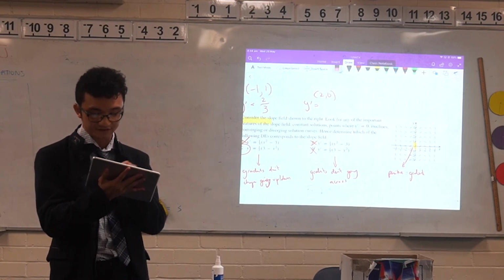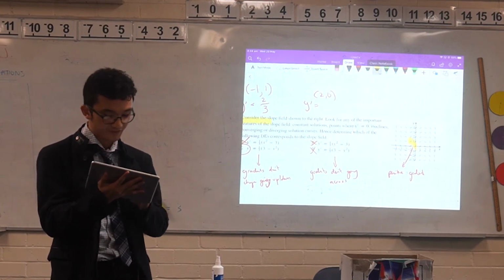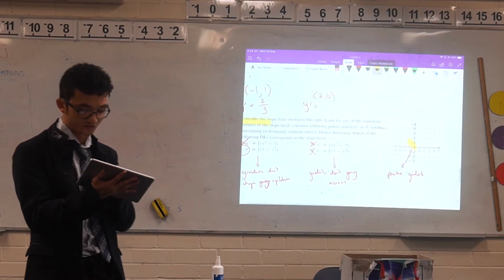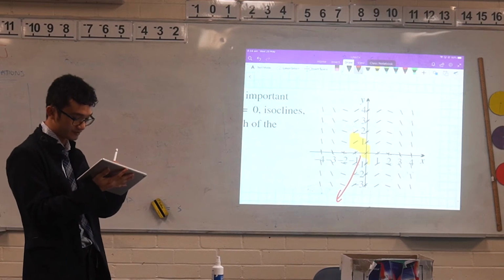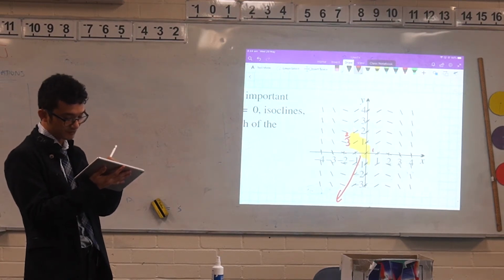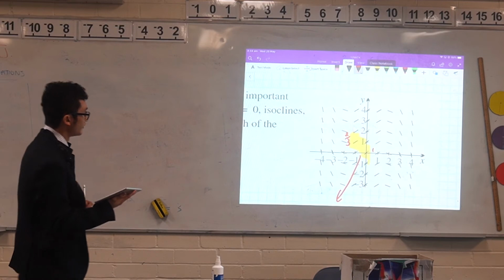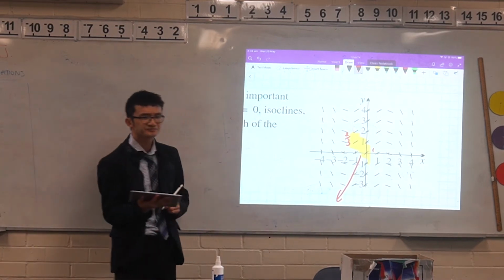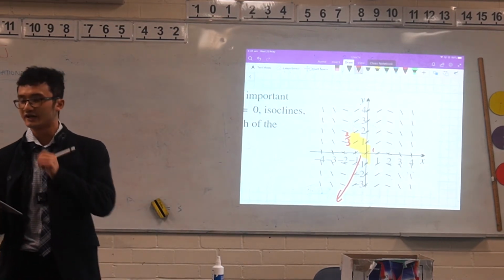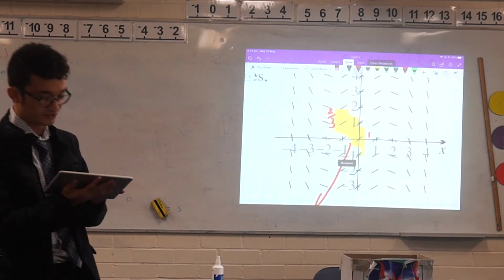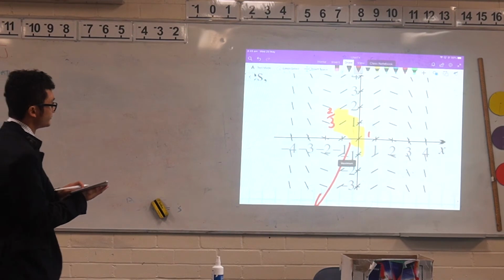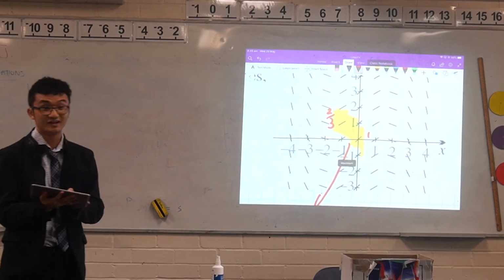Another thing that I didn't mention, but it's good to have a look at: if the gradient at the origin is just +1, and this one's meant to be 2 on 3, do you think that this graph reflects that? If you look at the actual isoclines on your one, it should be subtle, but it should be clear that the one where it's meant to be 2/3 is slightly less steep, right?